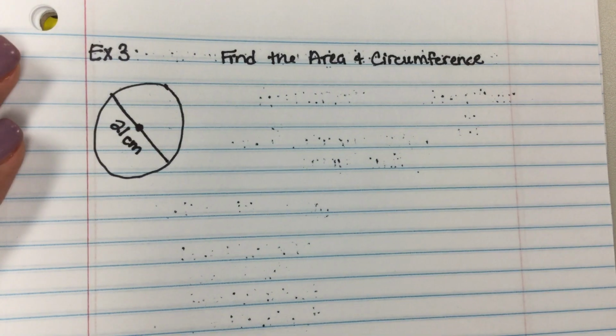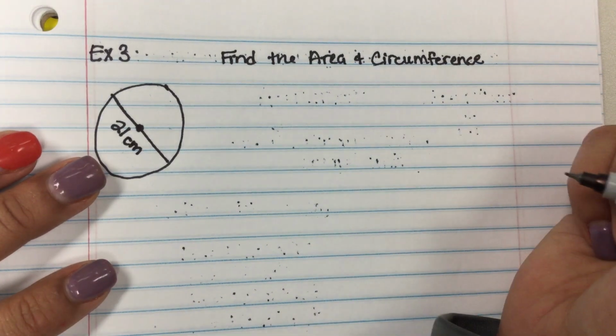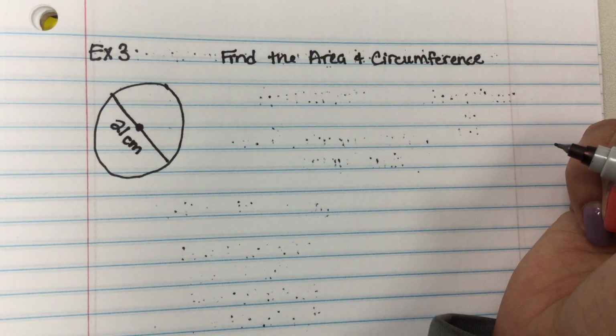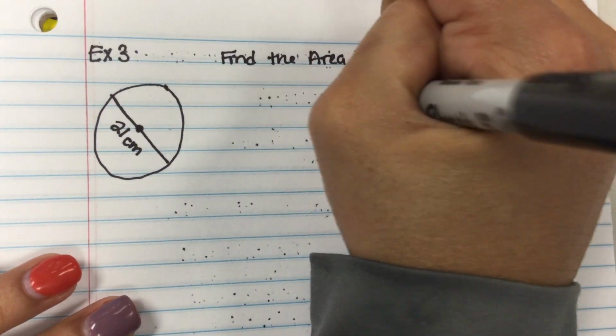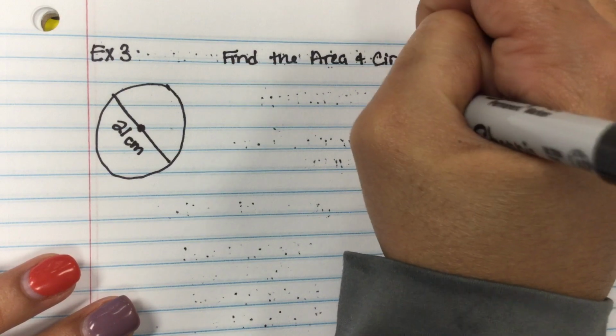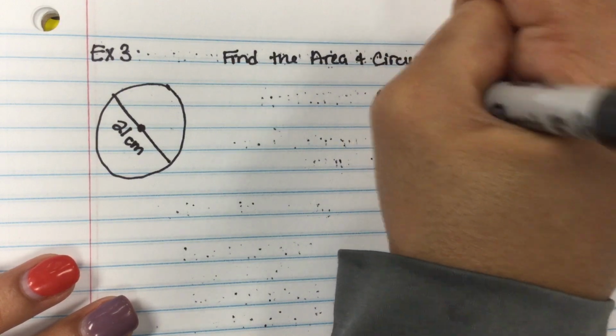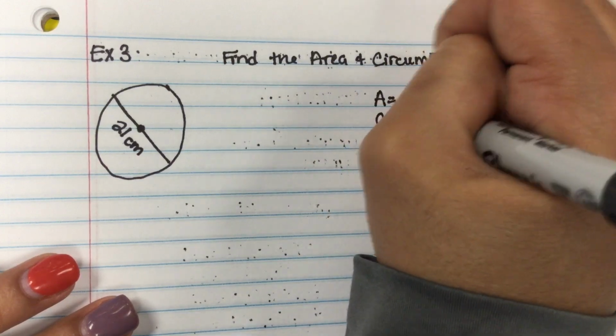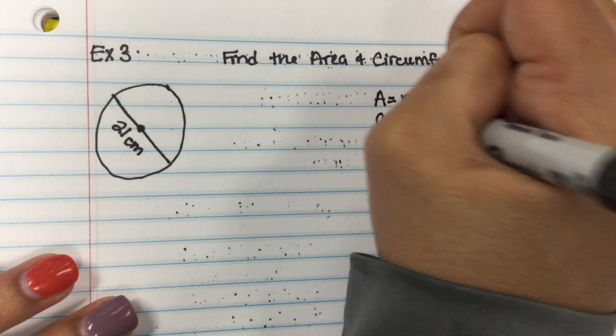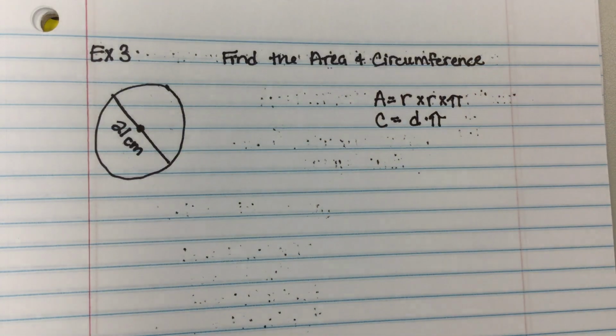To help you out here, I'll give you your formulas, or you can go back and look at them. So area, radius times pi, and circumference, diameter times pi. So go ahead and pause the video and work on those.